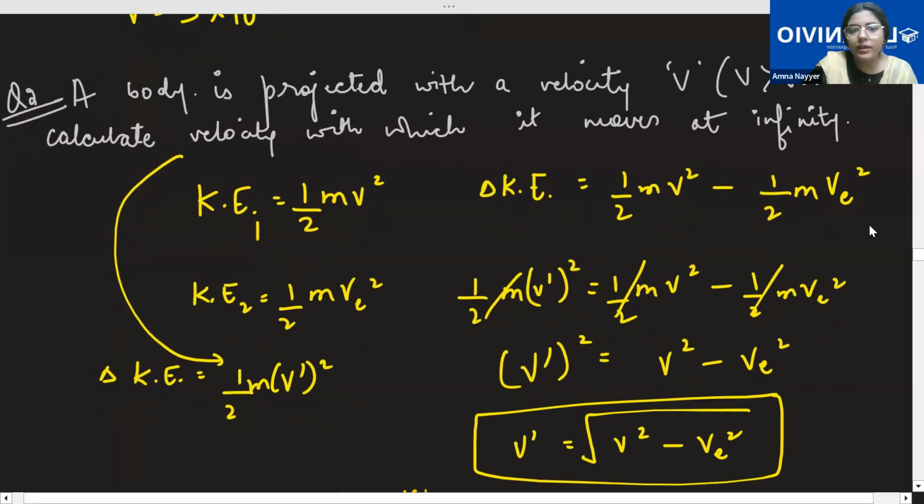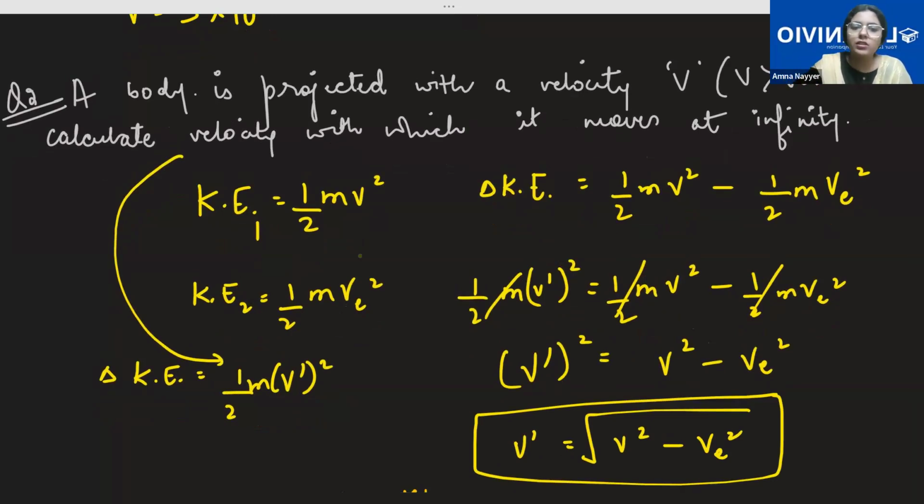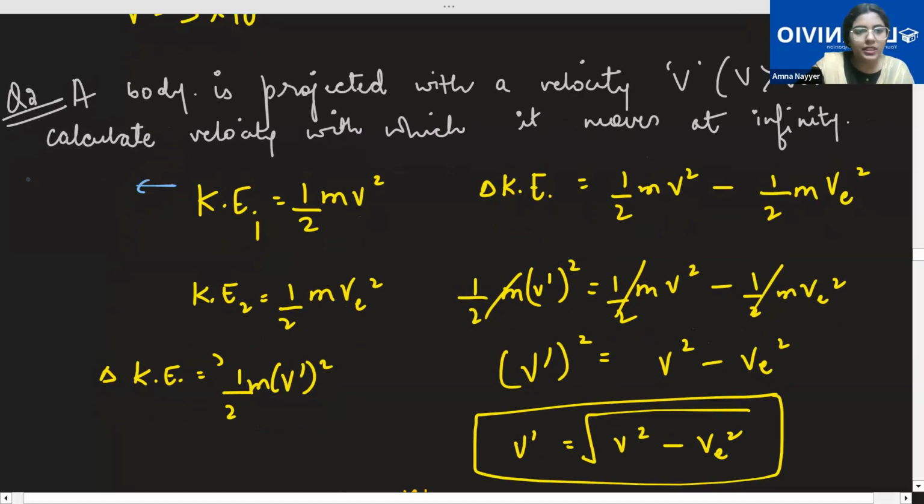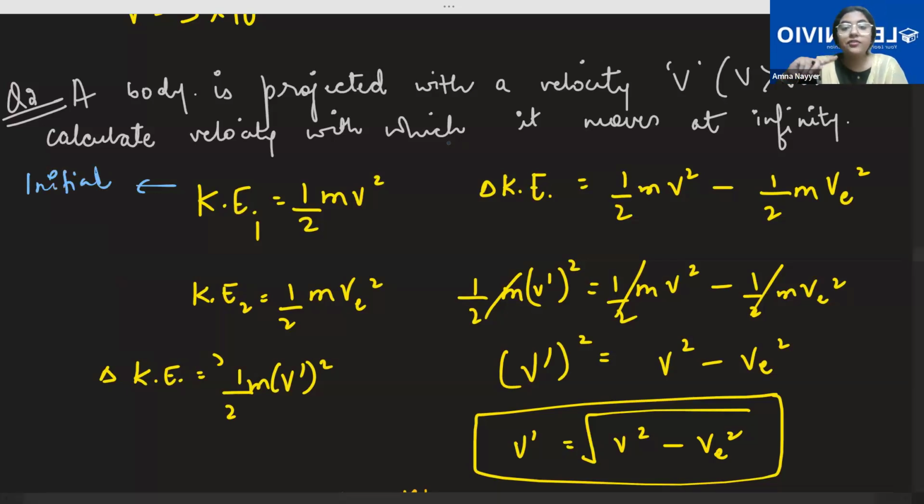What did we do? See, change in kinetic energy is something. It says the body is projected with a velocity V. So the initial kinetic energy will be half mv square. Now, if it has escaped, at the end also the escape velocity is there.